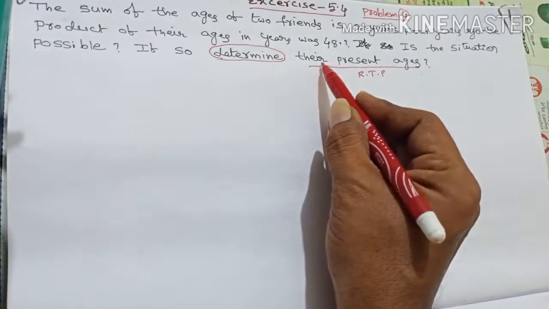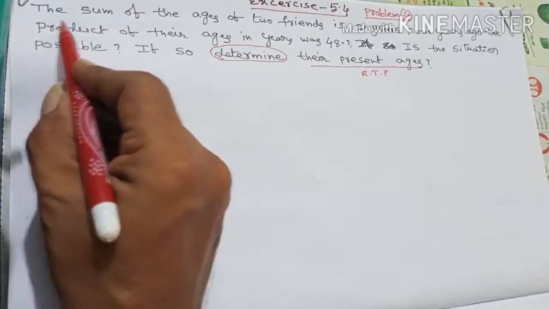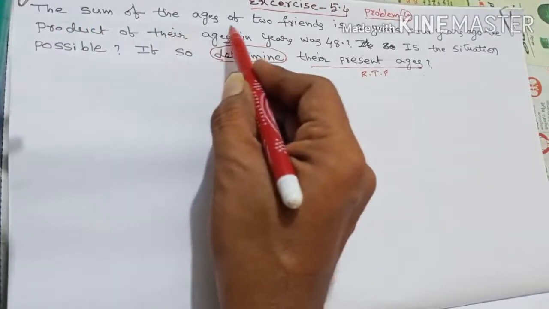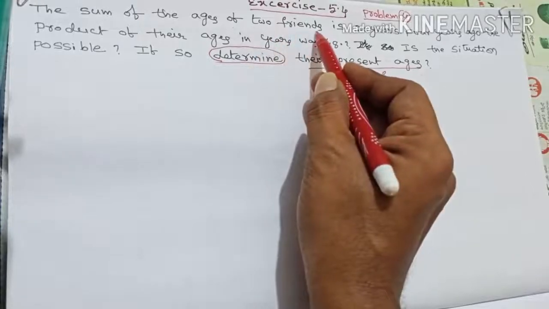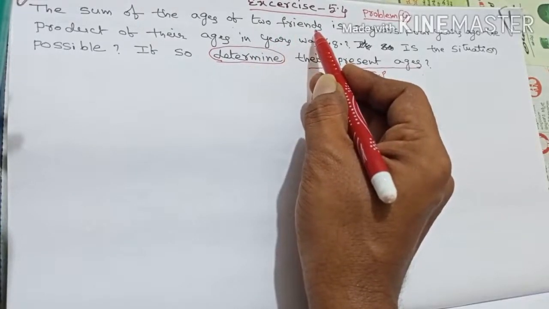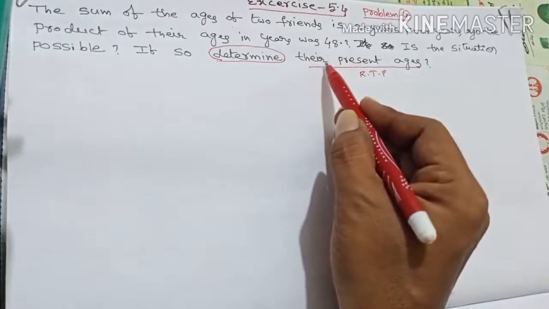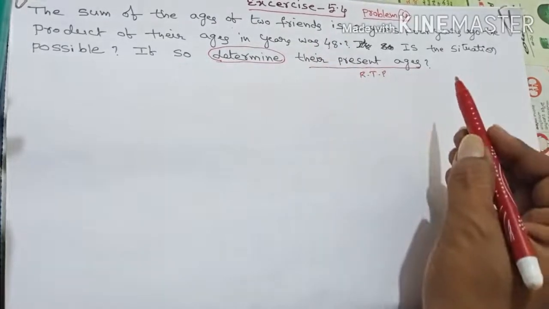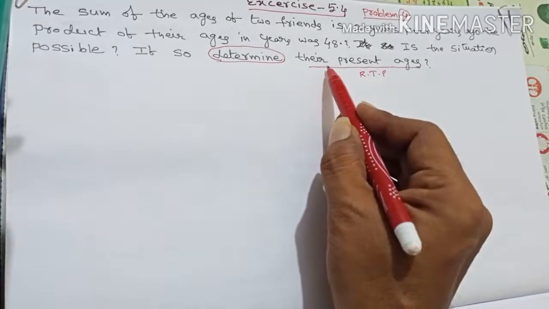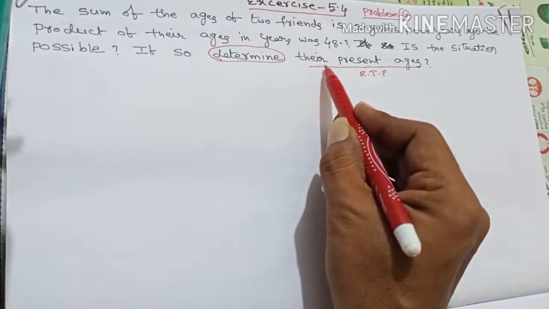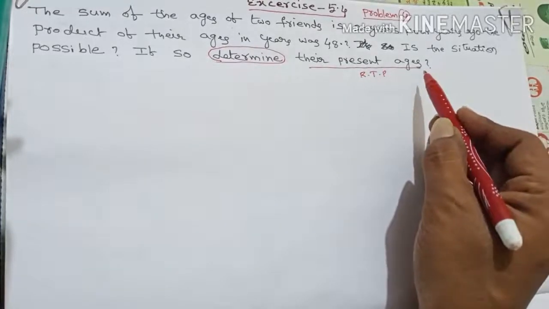If you go through the problem, the sum of the ages of two friends, here you have plural form. Two friends. That means we have two friends in our problem. So we have to find the two friends' ages. You have to identify that the RTP is to determine the two friends' ages, which is the first task.